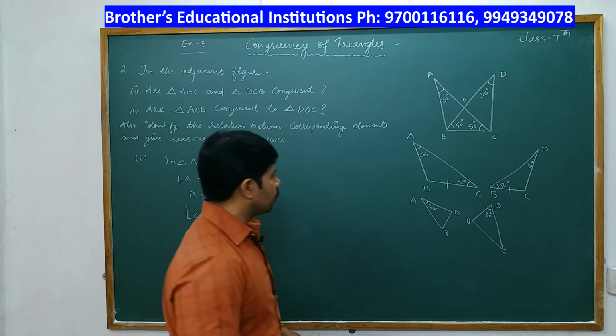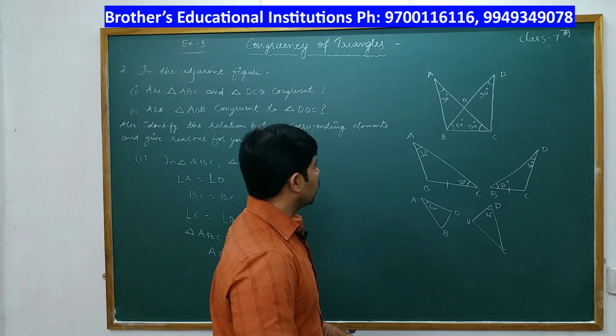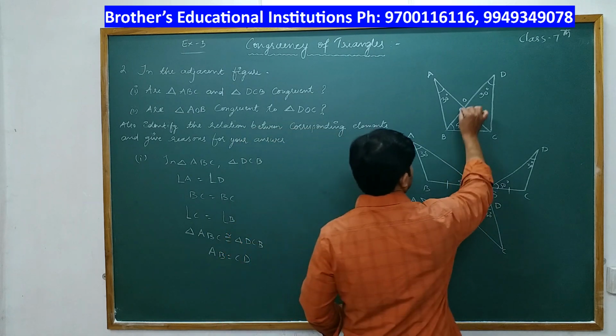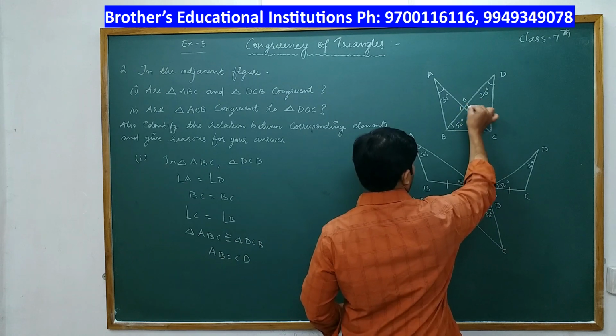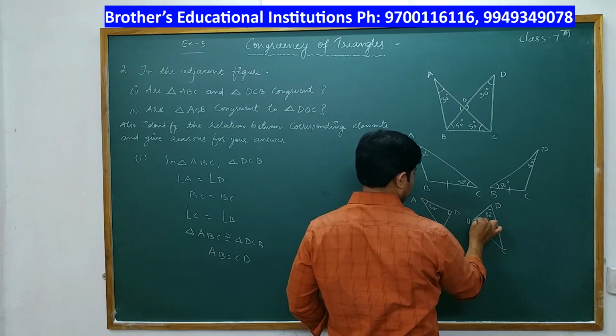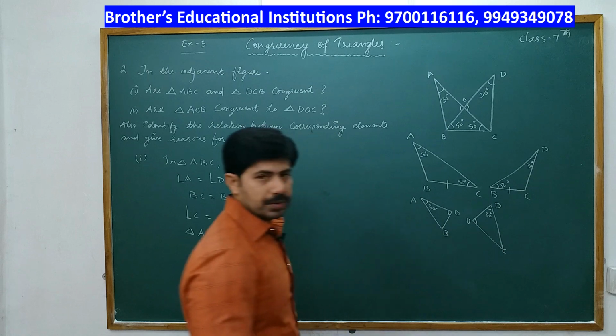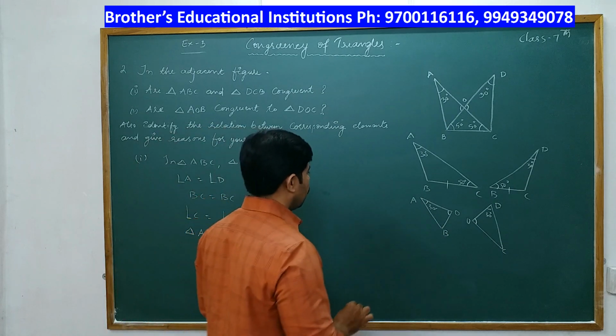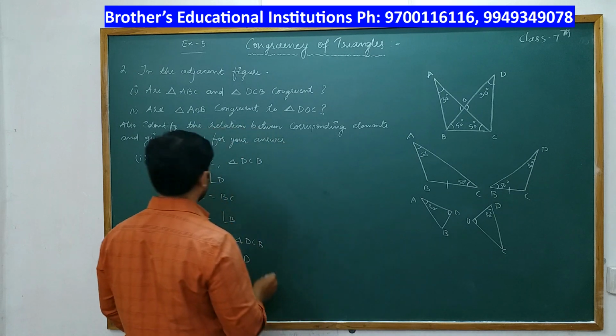But is there any other possibility of mentioning an angle? Okay, so we can say that angle O and angle O are vertically opposite angles, right? Then okay, we write now they are congruent.